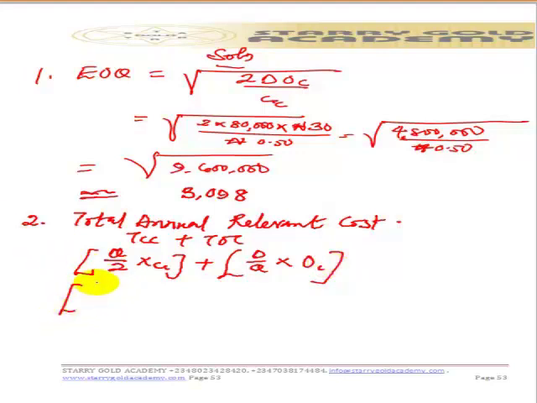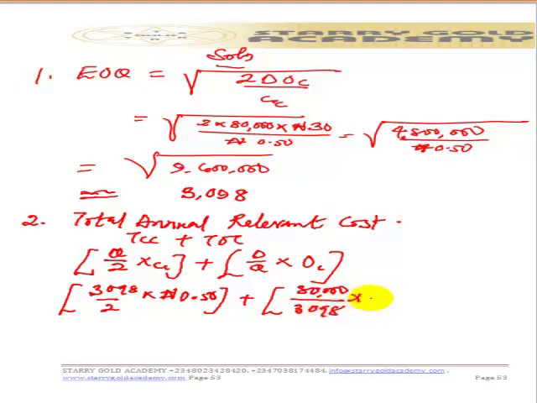Now our Q in this case is 3,098 divided by 2, and our carrying cost is 50 kobo, plus our annual demand is 80,000 divided by 3,098 times the ordering cost, which is 30.